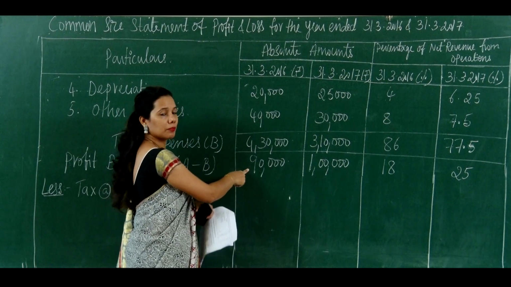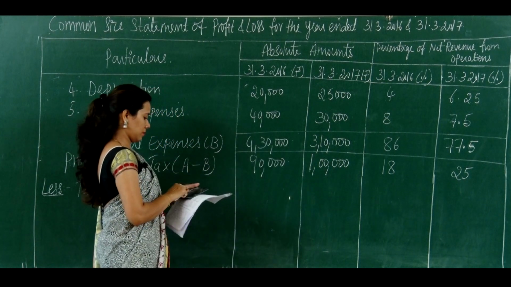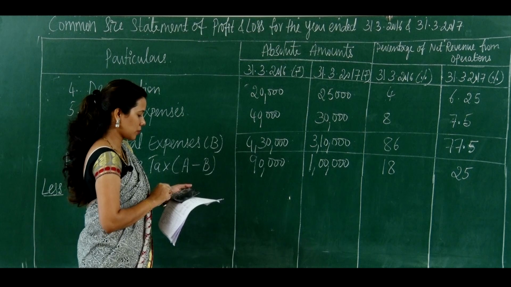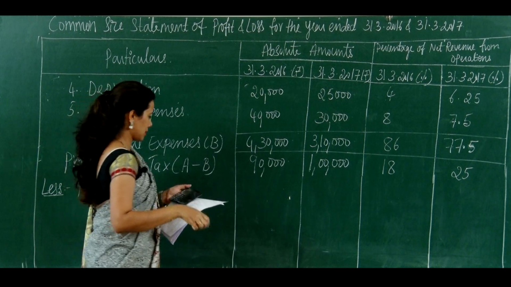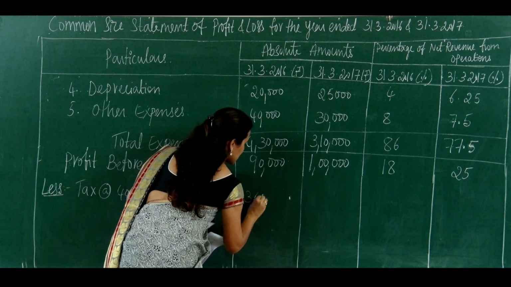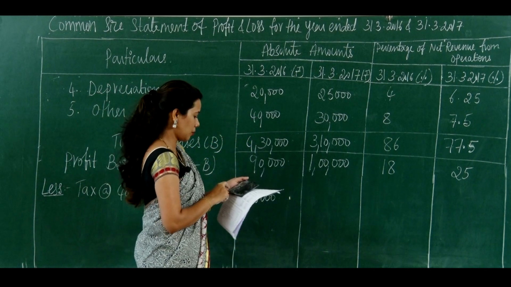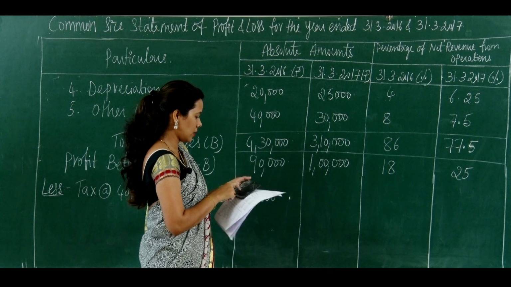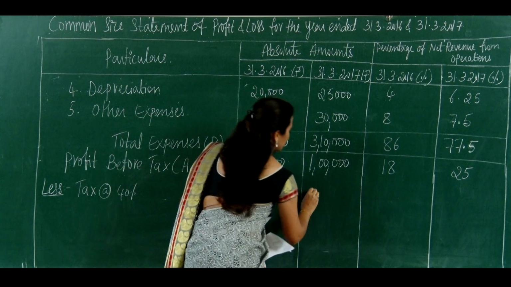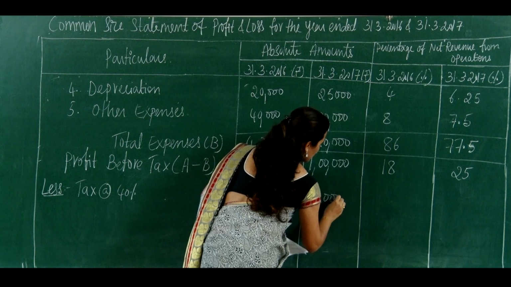So, this is the profit before paying tax. So, 90,000 into 40 percentage, that is 36,000. Tax paid is 36,000. The next year profit is 1 lakh before paying tax. On that 40% if you do, the tax is 40,000.